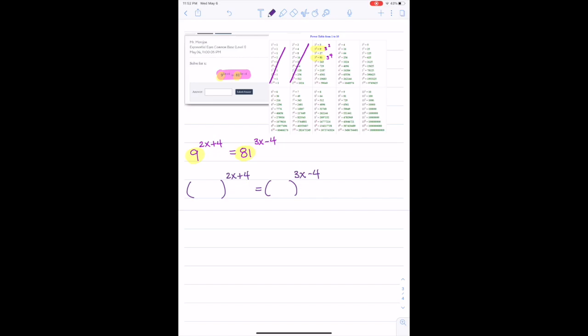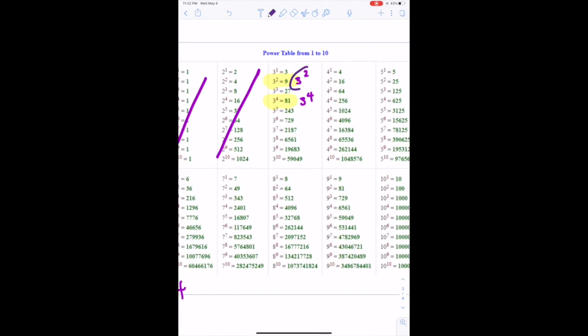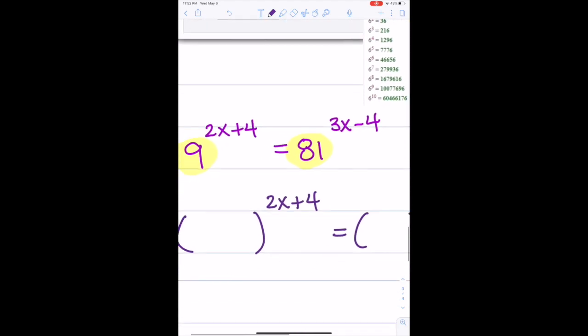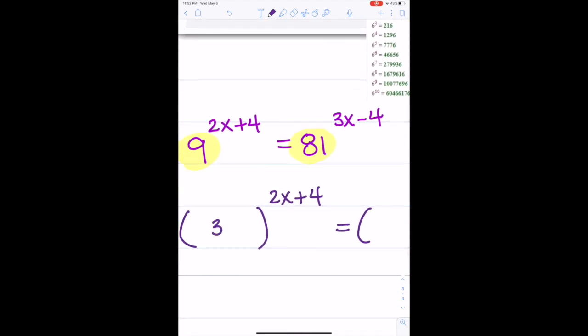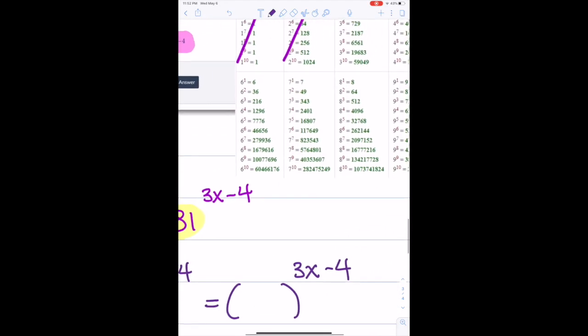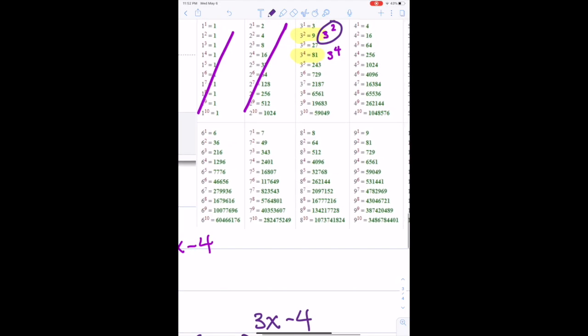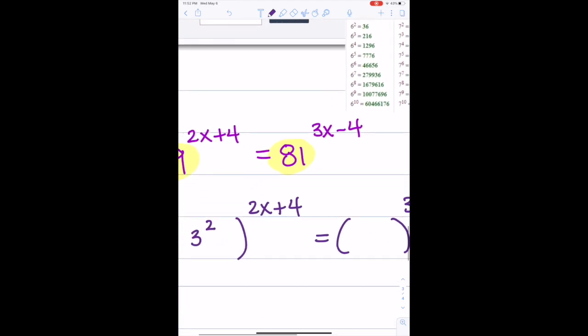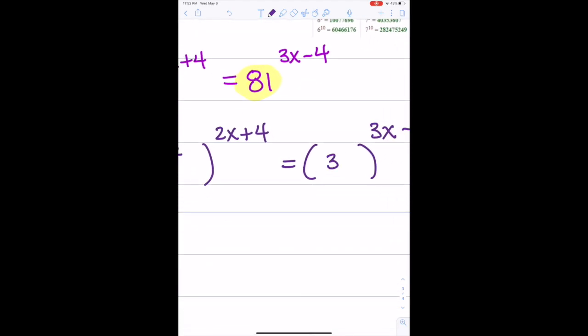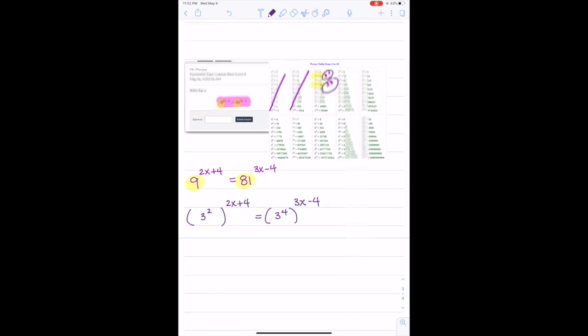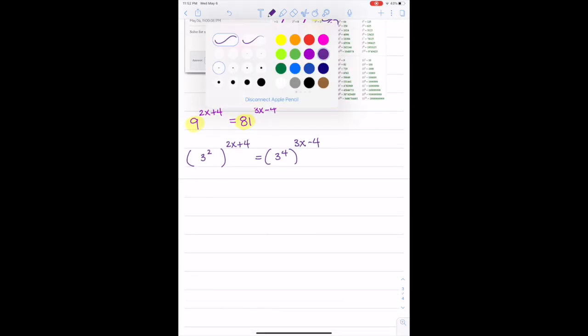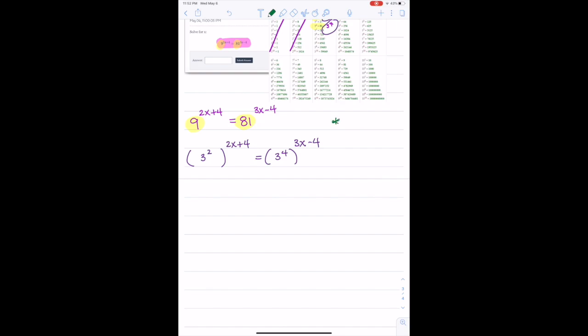And according to my table, another way to say 9 is 3 to the second power. So I'm going to go over here and write 3 to the second power. And another way to say 81 is 3 to the 4th power. So I'm going to go ahead and write 3 to the 4th power. Now that I have them written with a common base, so now they both have 3, we're good to go.